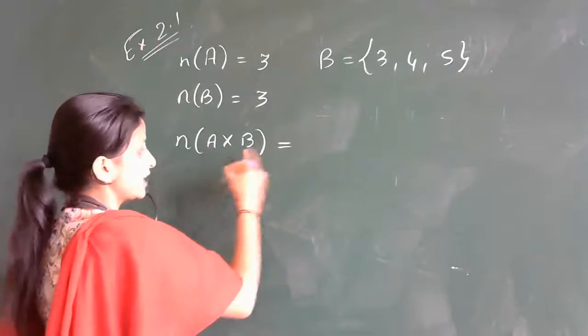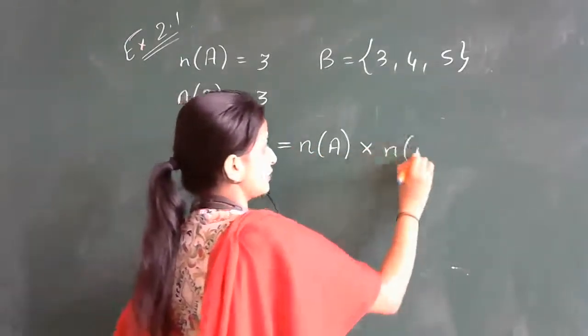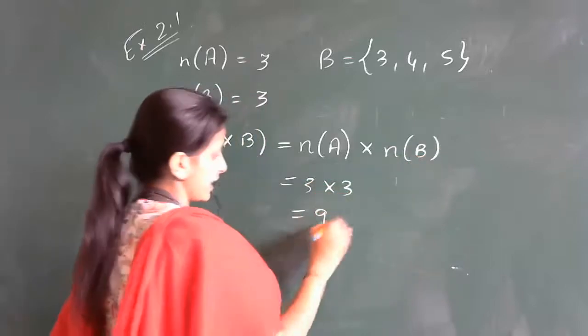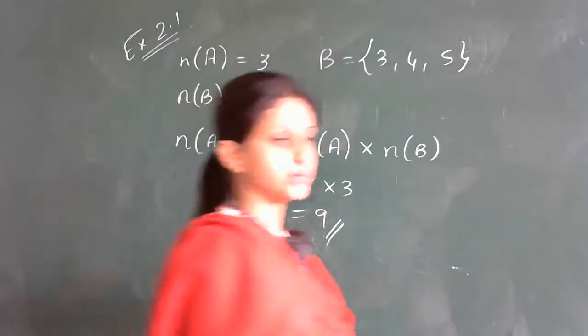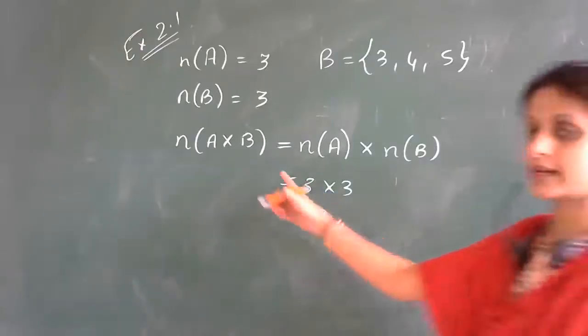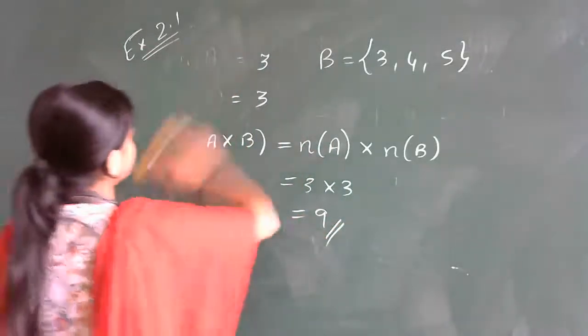Number of elements in Cartesian product is equal to number of elements in first set into number of elements in second set. So what answer will you get? 9. So there are 9 elements in my Cartesian product A cross B. Right answer, Mohammed. Jyoti, right answer. So second question, answer is 9. Let us go for the third one now.